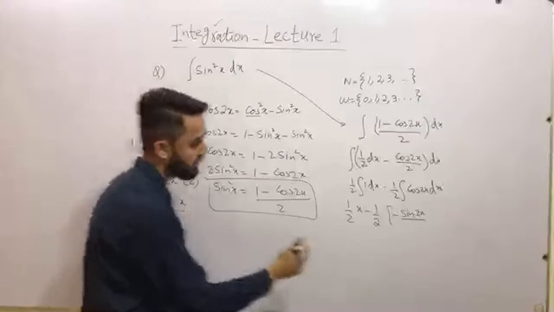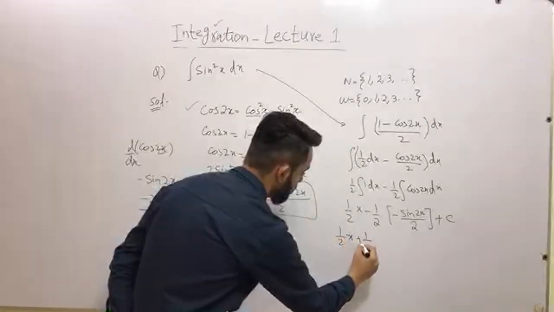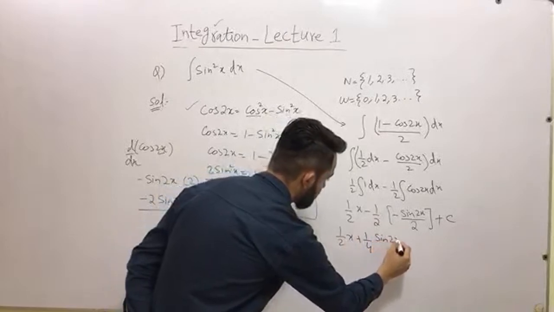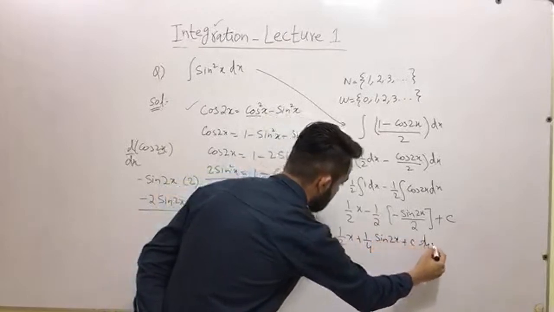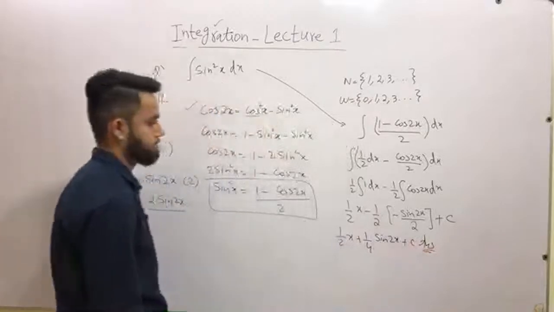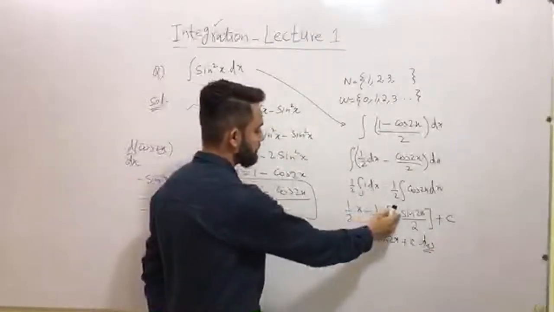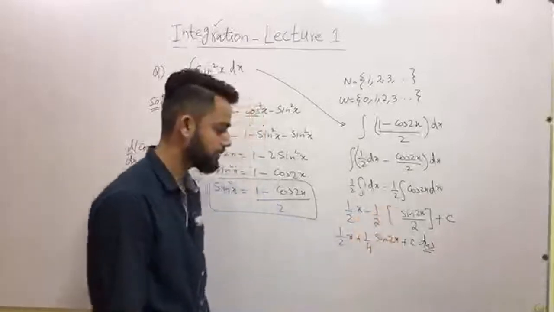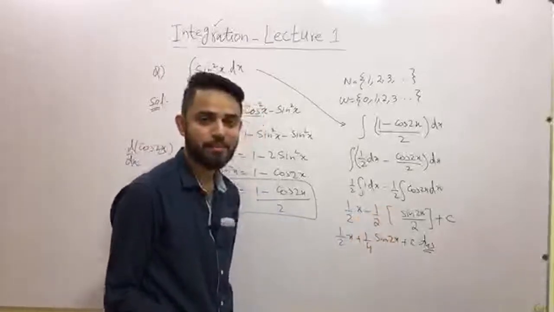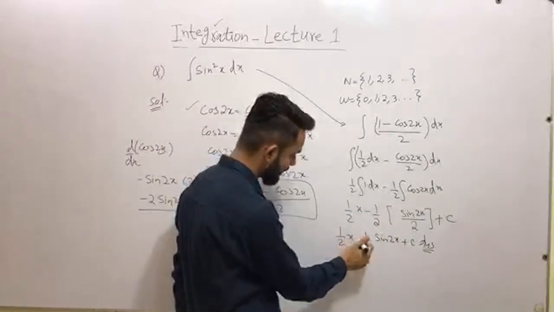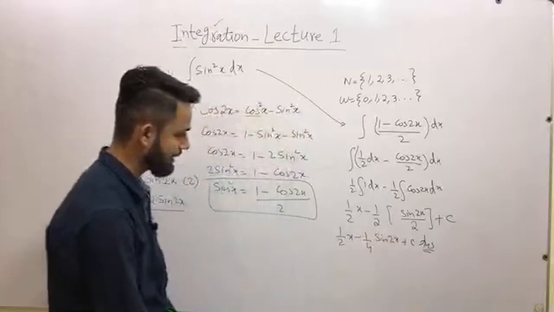This minus will be plus, so 1 over 4 sine 2x plus c. I think the integration of cos is plus sine, I actually forgot. So if somewhere I am missing the minus or plus sign, you have to ignore that, and I will confirm that later.